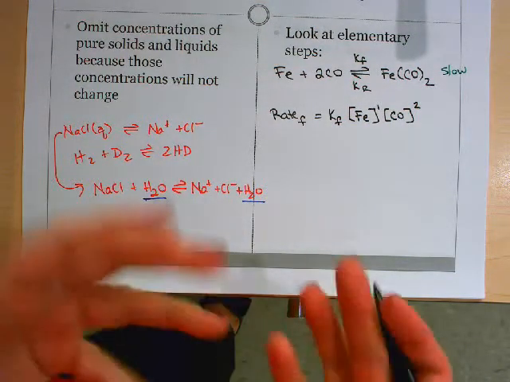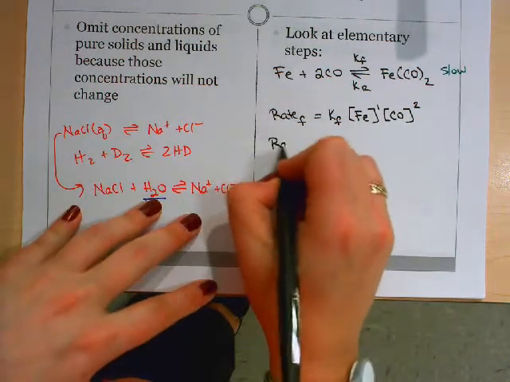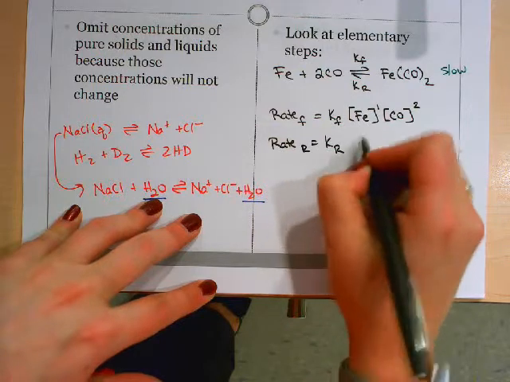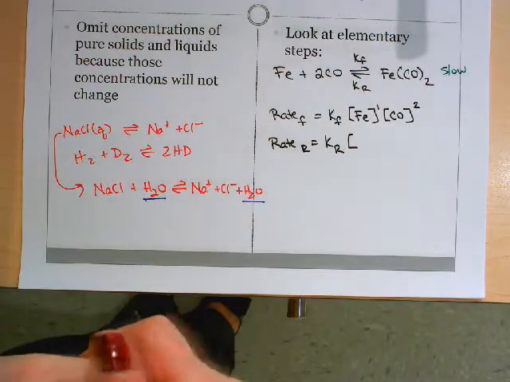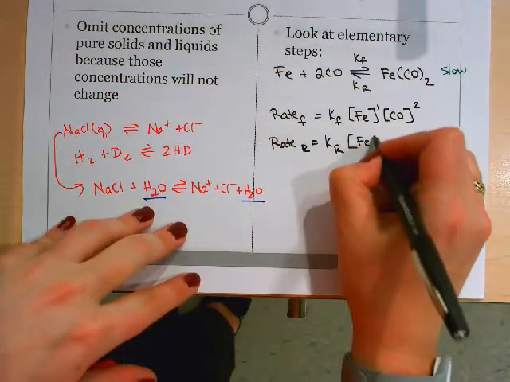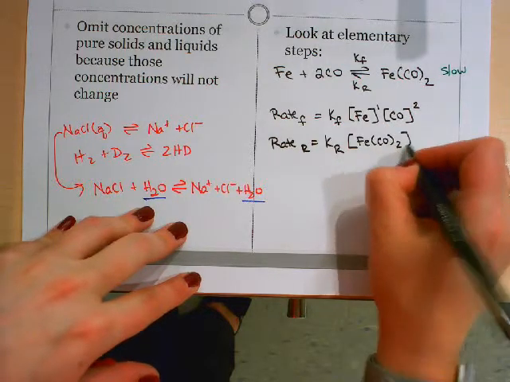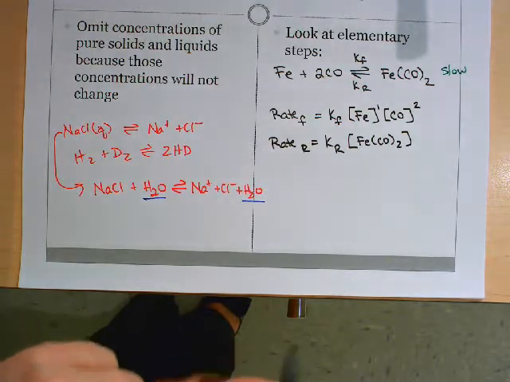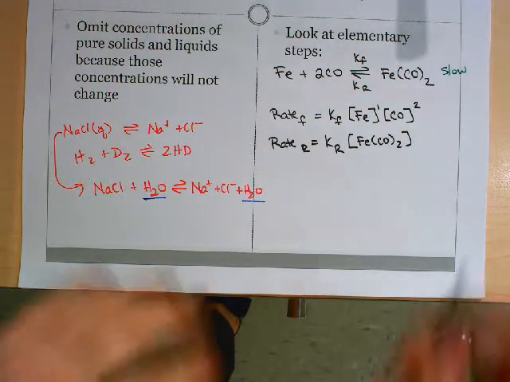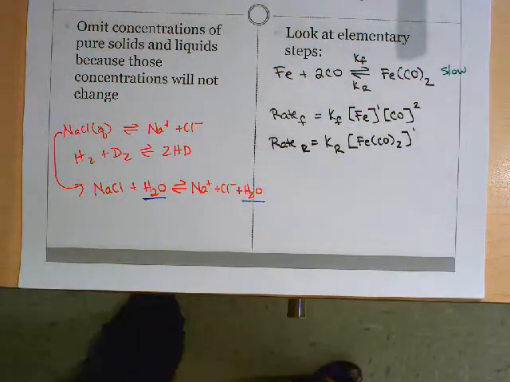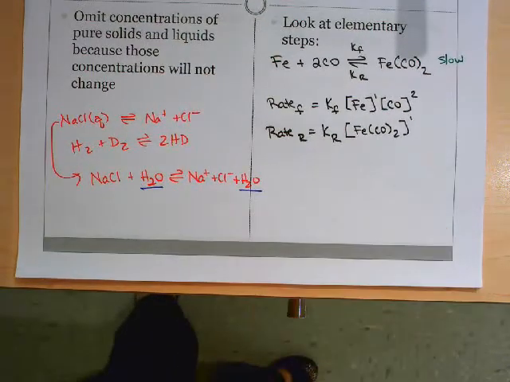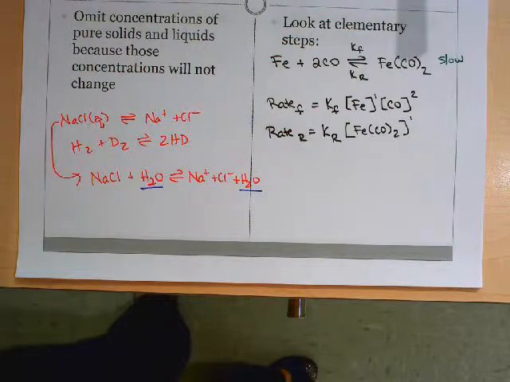Alright, well now I'm in equilibrium, which means I can also write a rate statement for the reverse reaction. What exponent should my iron dicarbon monoxide have? Alright, what did I say is true about the rates of a forward and reverse reaction at equilibrium?